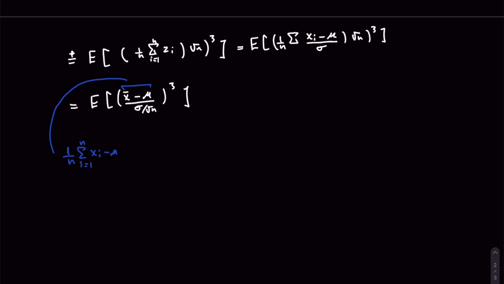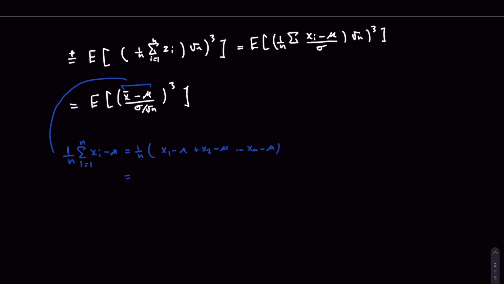All right, so what does this mean? Well, if we unroll the sum, what we have is x1 minus mu plus x2 minus mu, and so on up to xn minus mu.